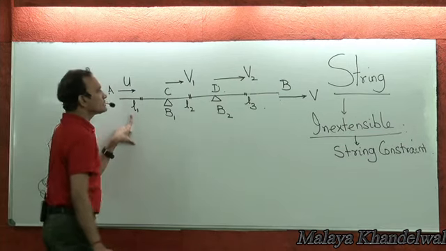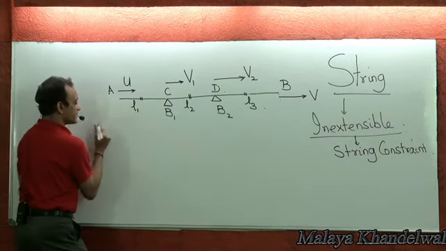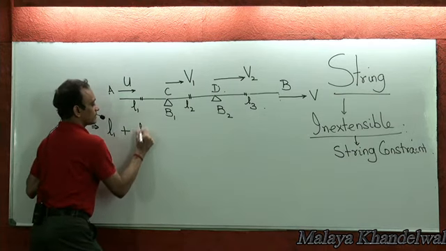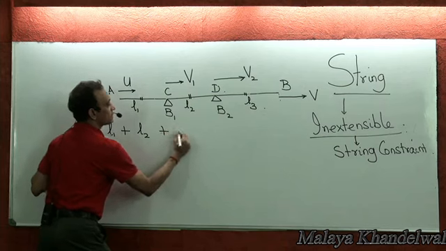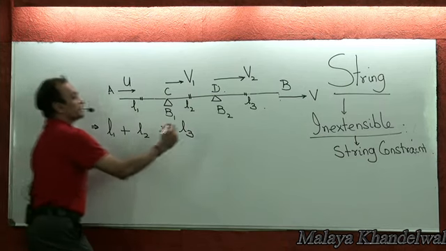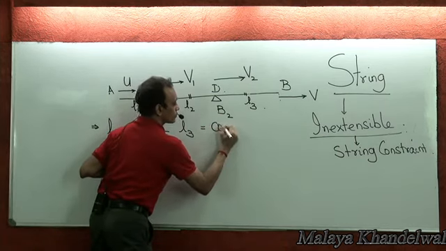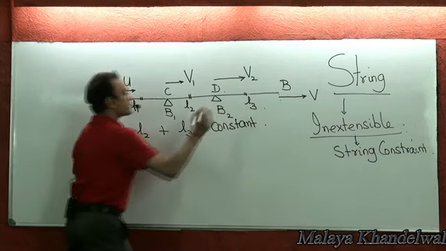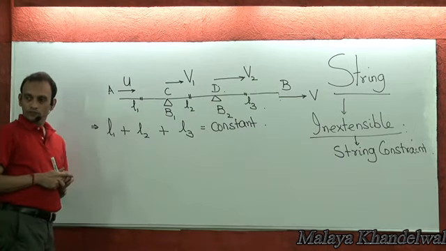Now, the string constraint is essentially L1 plus L2 plus L3 equal to a constant. That's a string constraint.